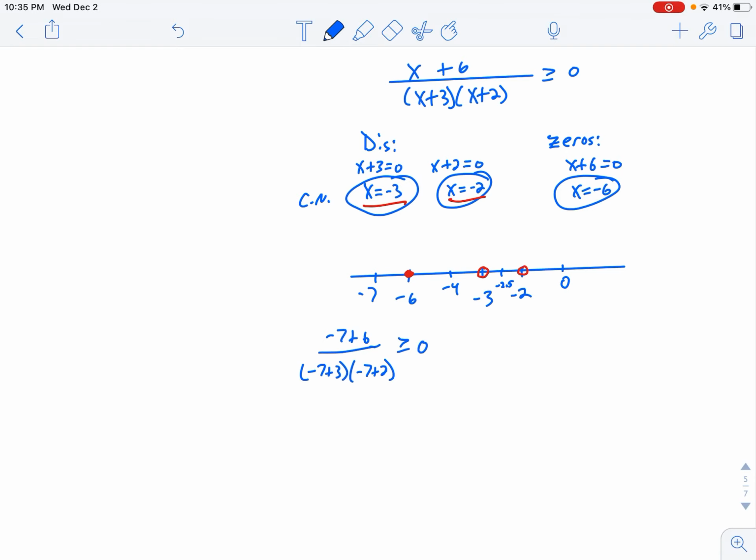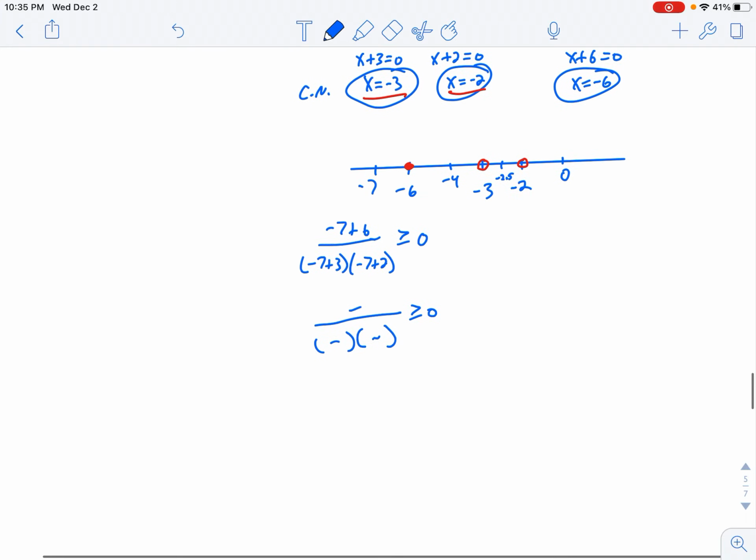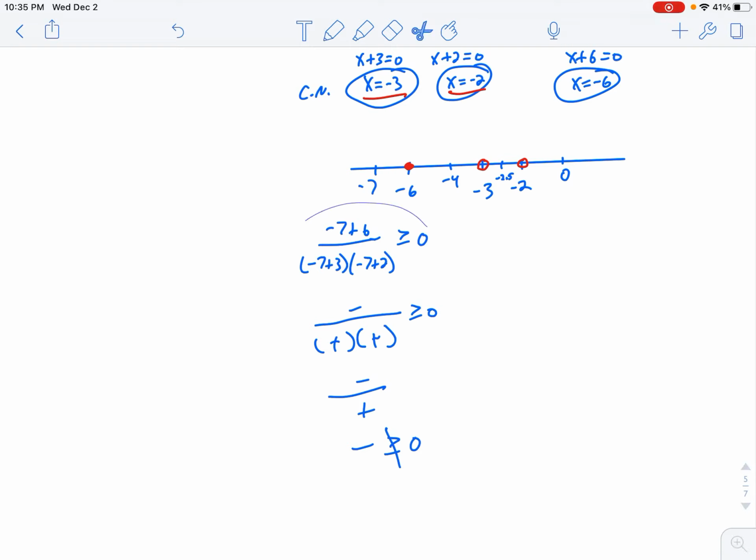Well, that's going to be a negative, and a negative. Two negatives make a positive. Negative divided by a positive equals a negative. Is that greater than or equal to 0? No, that's not greater than or equal to 0. Move on to the next interval.